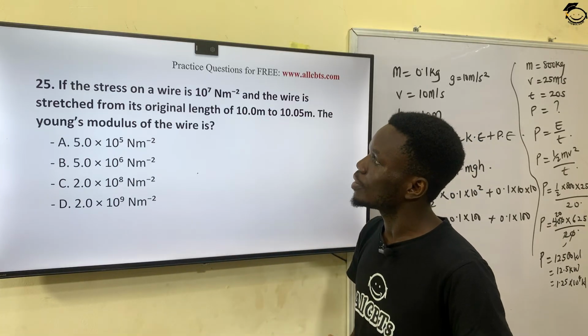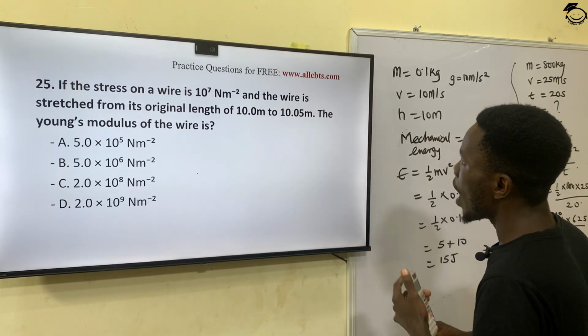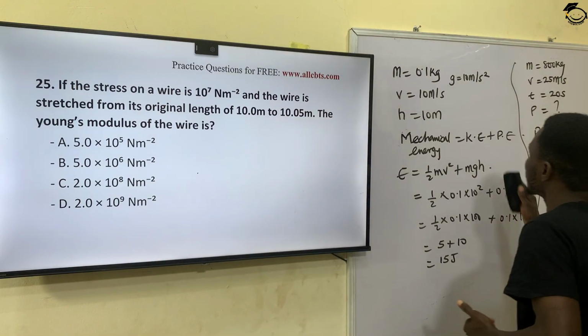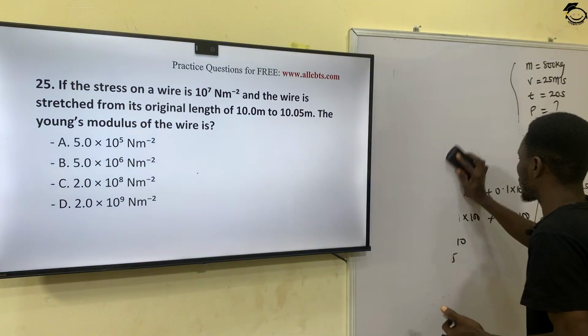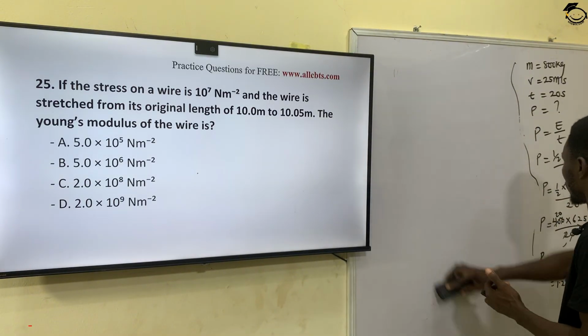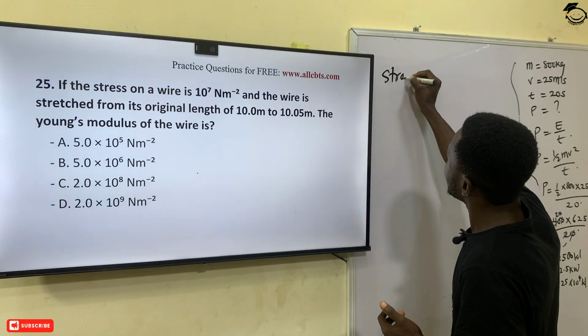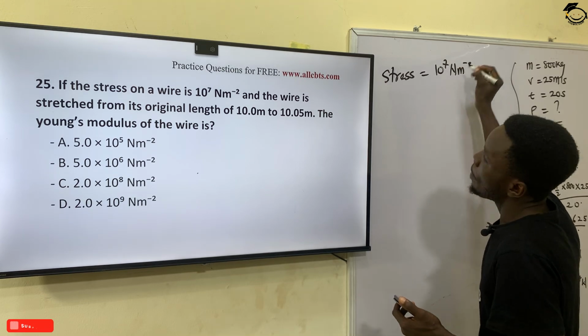So that is also question number 25. It says, if the stress on a wire is 10 raised to power 7 Newton per meter square. So we have been given stress to be 10 raised to power 7 Newton per meter square.